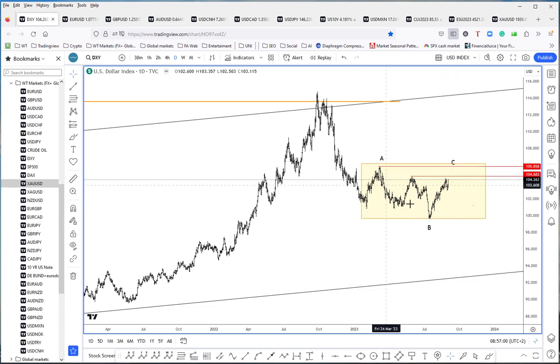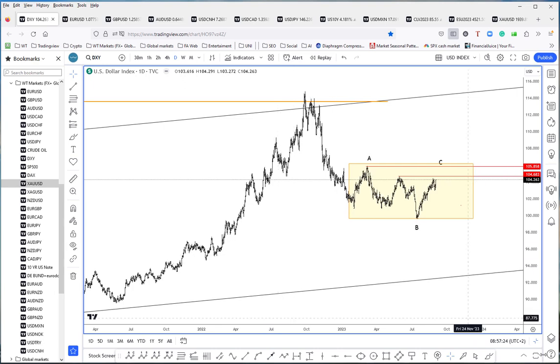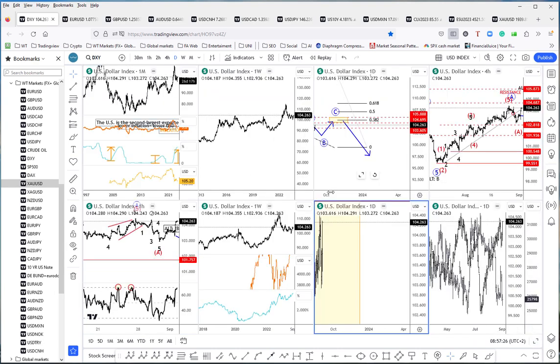Even with this interpretation, I think we are moving into very strong resistance here around 105, 106, and this could then also be seen as a flat correction. So I would be expecting a reversal to the downside later this year, or maybe at the start of 2024. I think that's still only a temporary recovery for the US dollar, and that we will see a change in cycles in the upcoming months.